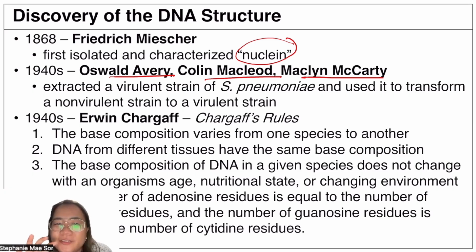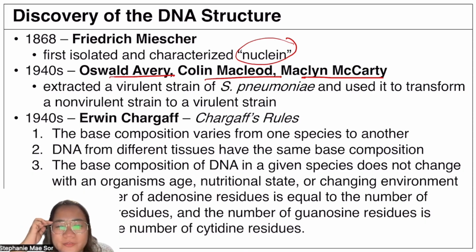So, ang ginawa kasi nitong tatlong to is they extracted a virulent strain of Streptococcus pneumoniae, an important bacteria that causes pneumonia, and used it to make a non-virulent strain to a virulent strain. So, parang ang ginawa nila is kumuha sila ng strain ng Strep pneumoniae, ginawa niyang pathogenic yung other non-pathogenic strain ng Strep pneumoniae.